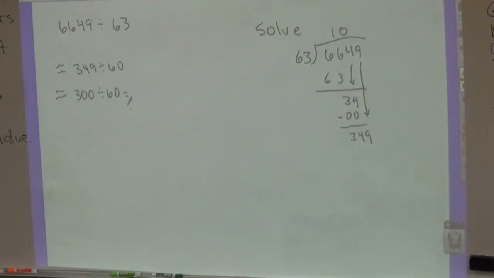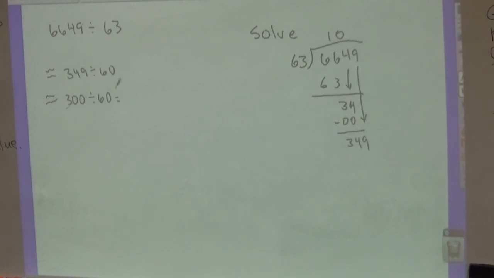It's less than 60 away from what we have now, so it might very well work. So that is equal to 300 divided by 10 divided by 6, which is equal to 30 divided by 6, which is equal to 5. Now we're going to use this 5 right here.